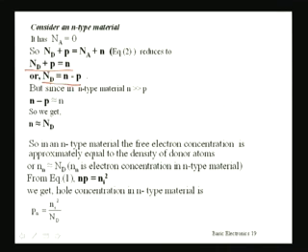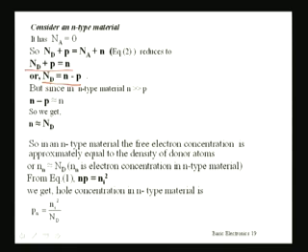Now as it is an n-type material, the concentration of electrons is much more than the concentration of holes, so n minus p is roughly equal to n. Then we get that the electron concentration is almost equal to the concentration of donor atoms, Nd. So if we use a subscript n, the electron concentration in an n-type material, nn, is equal to Nd.